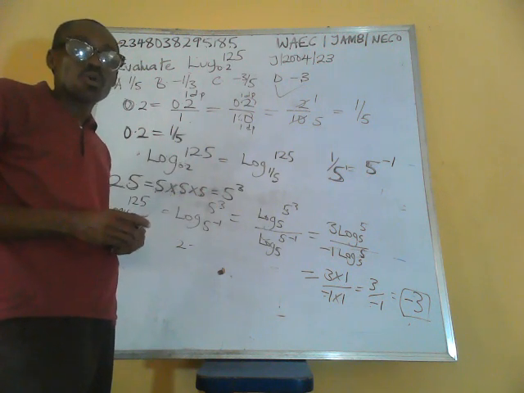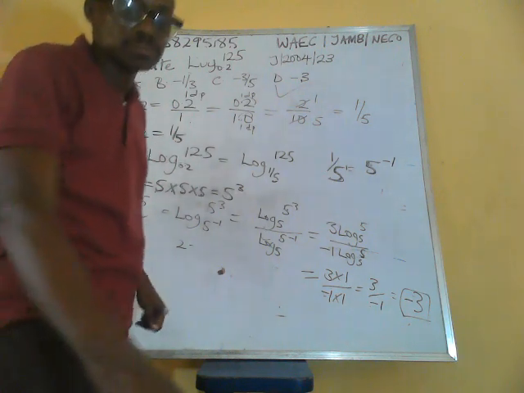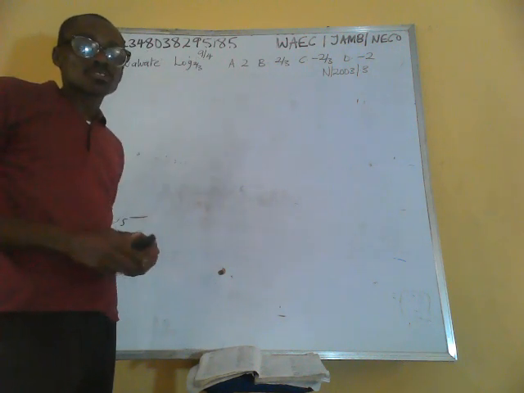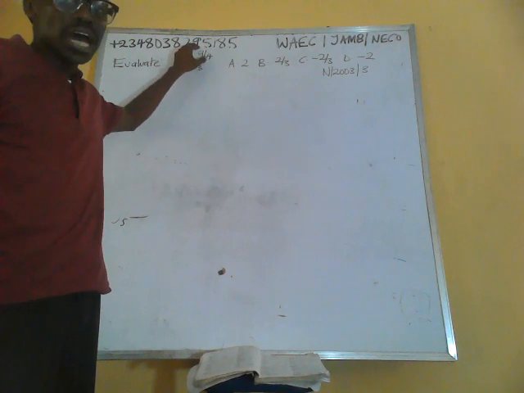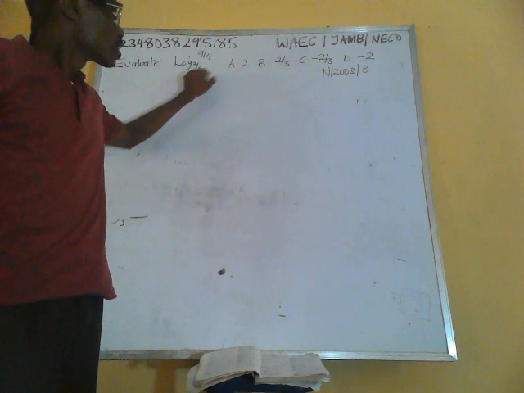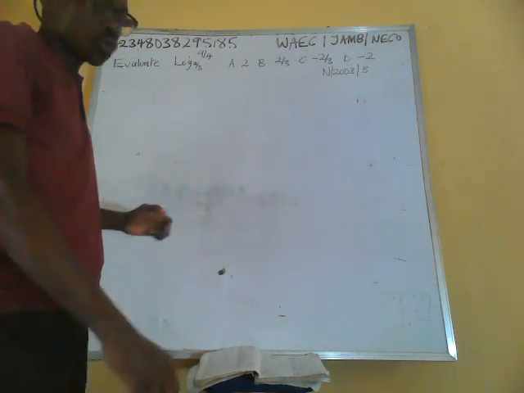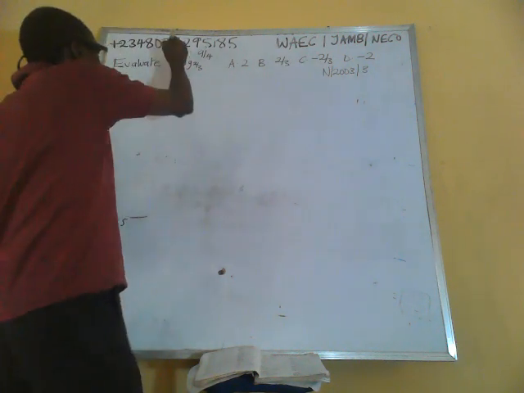So we are going to go ahead and solve another one. So we have another question we are going to look at quickly. We are asked to evaluate log 9 over 4 to base 2 over 3. These are the options A, B, C, D. So let's go ahead and quickly solve this right now.